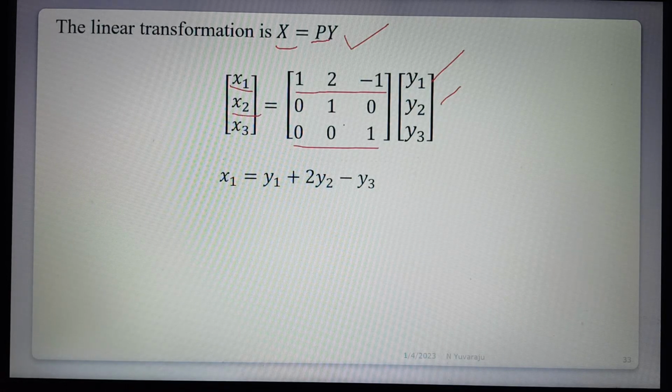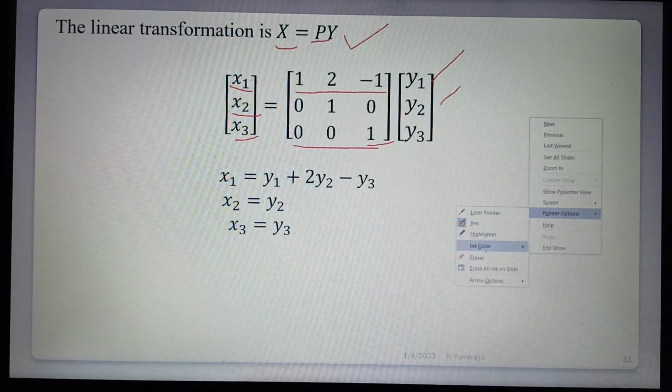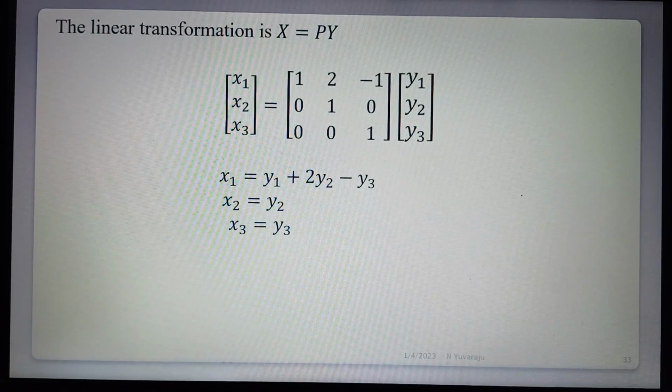Next, x2 is the second row, that is y2. x3 is only y3. So this is the linear transformation. This is the method of diagonalization transformation, by which the given quadratic form is converted to canonical form.